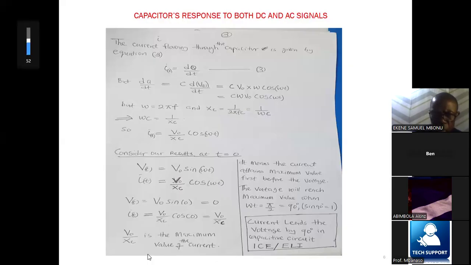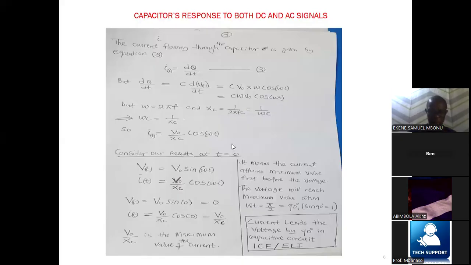Peter, who knows what sine 0 is? You are no longer familiar with your basic mathematics.